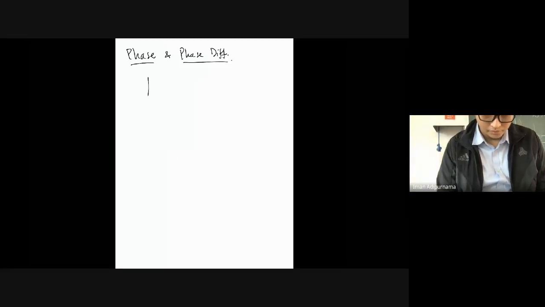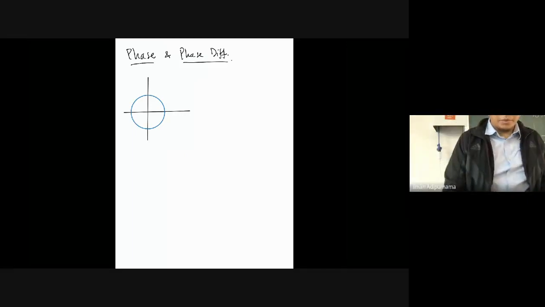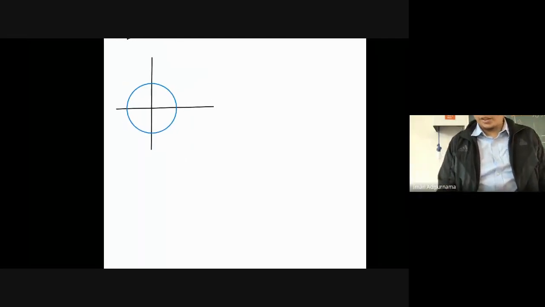Let me draw. Okay, just remember this is the circle. Remember the unit circle. So I will move from the x-axis and then rotate to the left. Let me make 2 points.